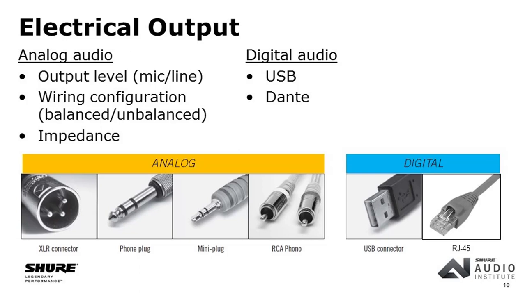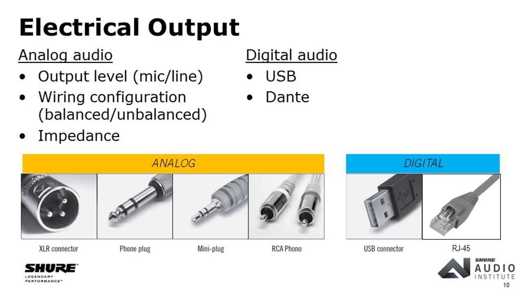You can have balanced output, unbalanced output, which influences how resistant the signal is to electronic interference going through the cable. Then every microphone has an impedance to its output, which is not really important by itself, except it becomes important when you start trying to connect it to some other device downstream, which also has an impedance.